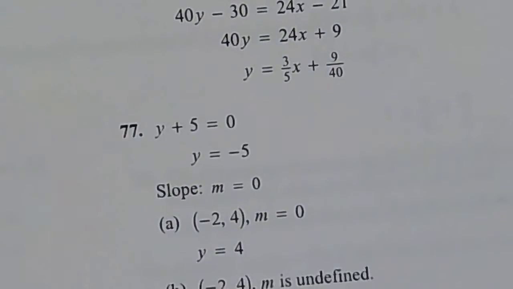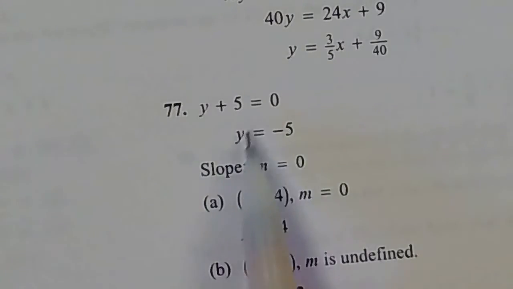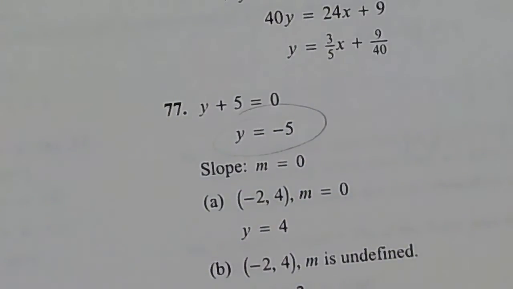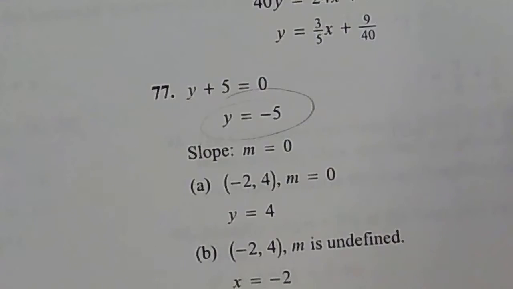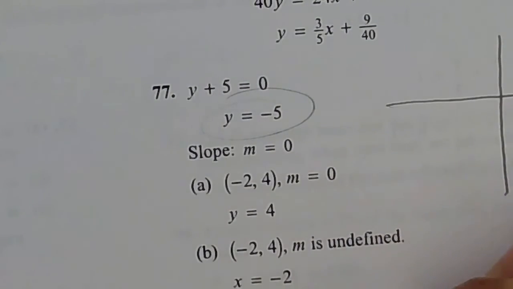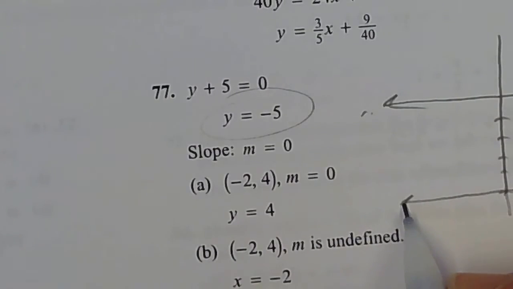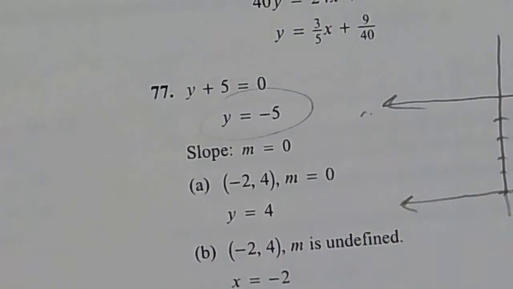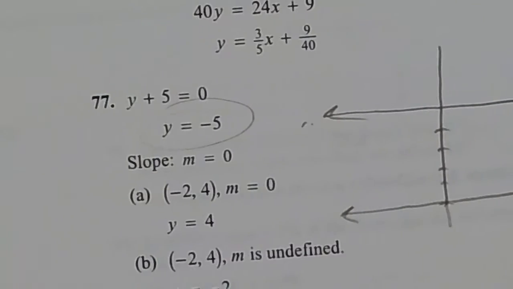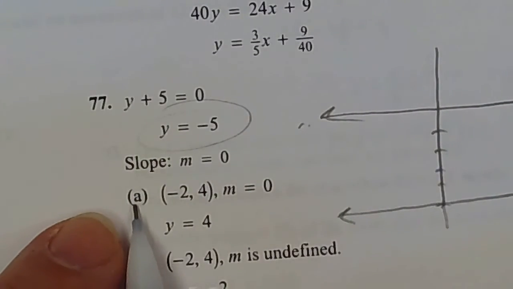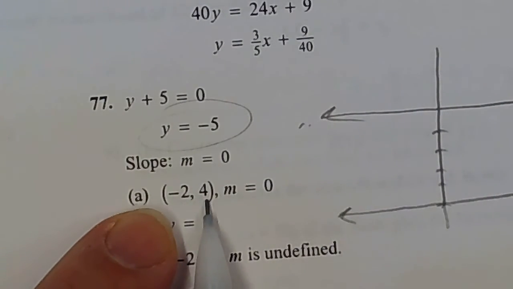All right, we have to write the equation of a line that's parallel to this one. Well, this one is a horizontal line, so a visual aid is probably going to be the best way around this. If I were to graph y equals -5, 1, 2, 3, 4, 5 down here, here's the graph of y equals -5. So how do I come up with an equation of a line that's parallel to this one for part A, and goes through the point -2, 4?